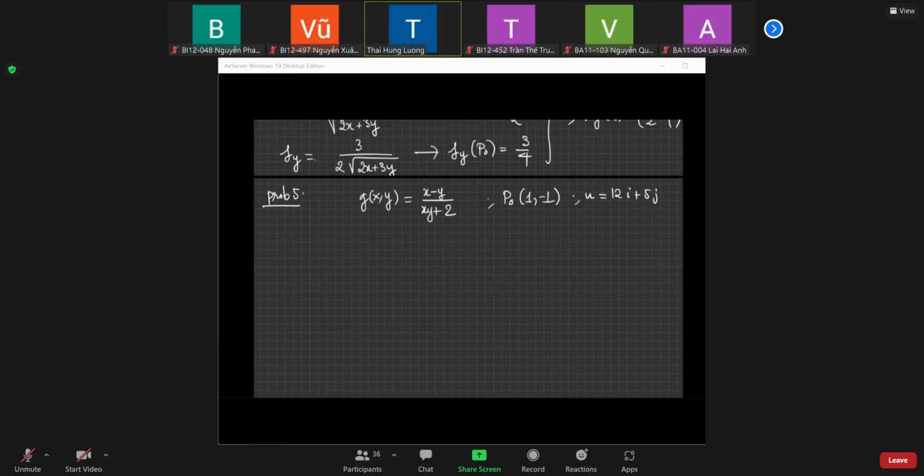So the question now is, let's calculate the directional derivative of g at p0 along the direction of the vector u.